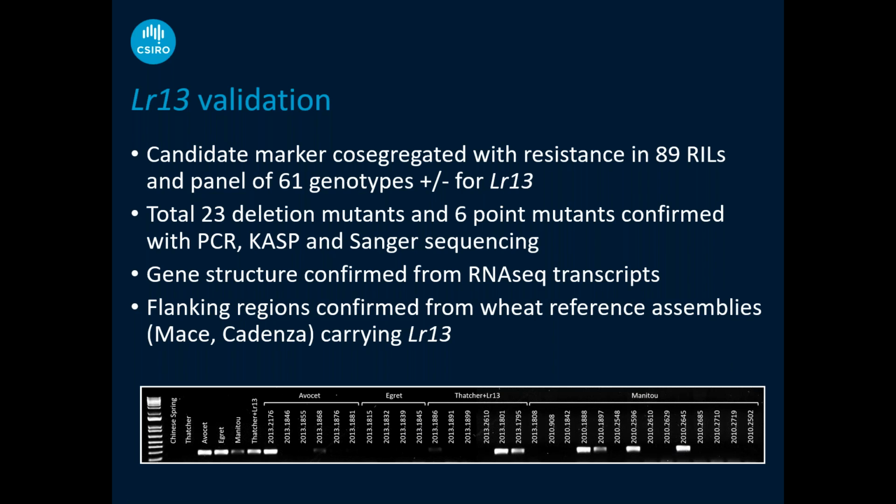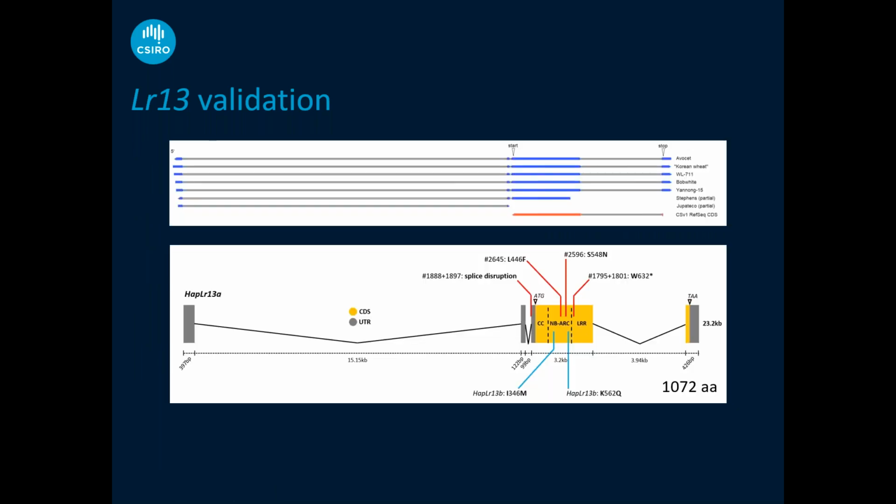So gene structure was confirmed from RNA-seq transcripts on the infected wild type, and flanking regions were obtained from wheat reference assemblies of Mace and Cadenza, which carried LR13. So the existence of reference assemblies was highly useful for cloning LR13. Otherwise, it may have been missed.